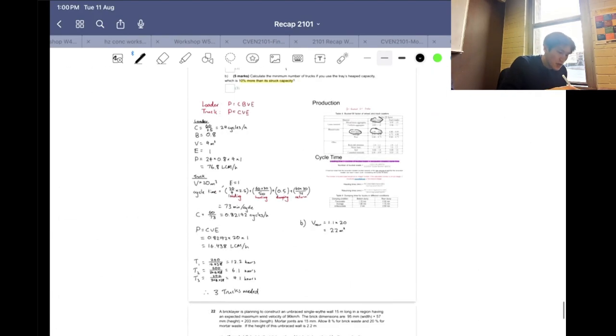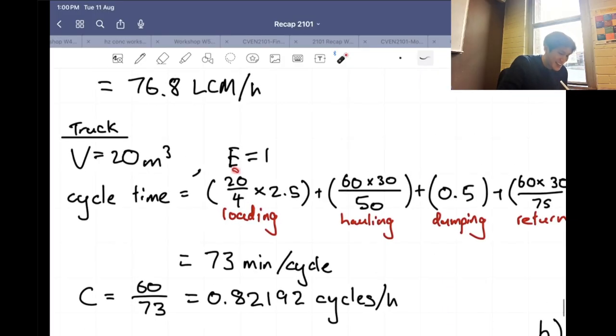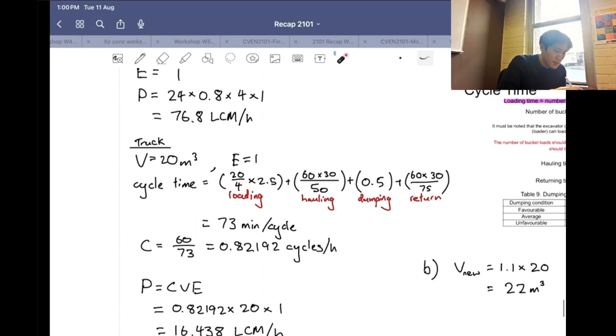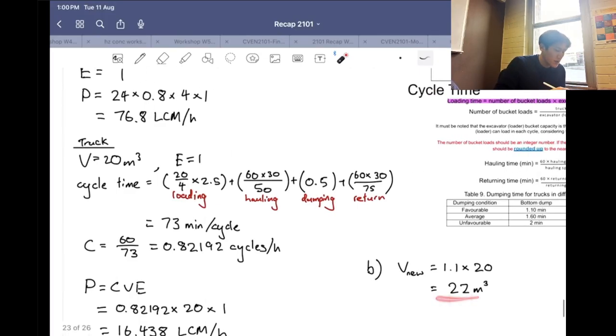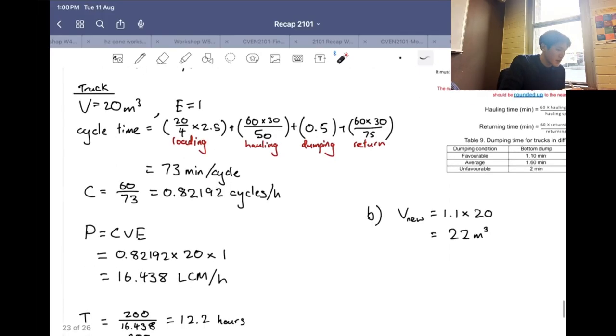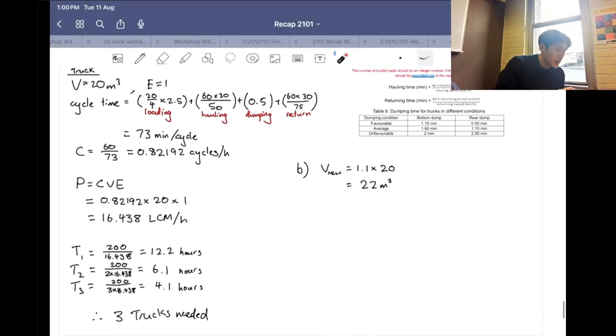And then you just run through all of these calculations again using the new capacity. So you need to redo the cycle time, with 22 here instead of 20, and use the new capacity of V equals 22. Then calculate the production of the truck, and then calculate the number of trucks again, using 200 divided by the new production times the number of trucks.